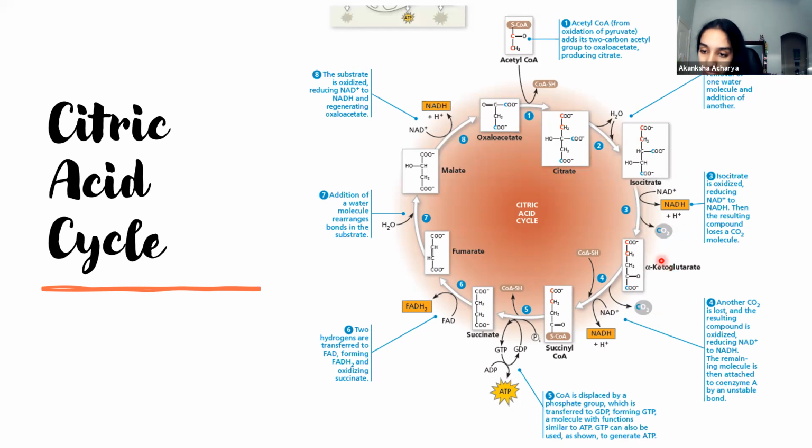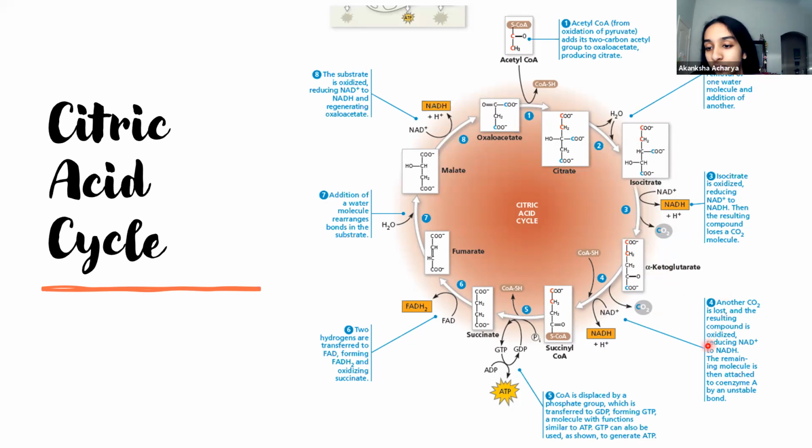Then you have alpha ketoglutarate. So another carbon dioxide is lost, and whatever is left is oxidized. Whenever you have something that's oxidized, something is typically reduced at the same time. And that's why it's called redox reactions, reduction, oxidation, right? If something loses an electron, something has to gain that as well.